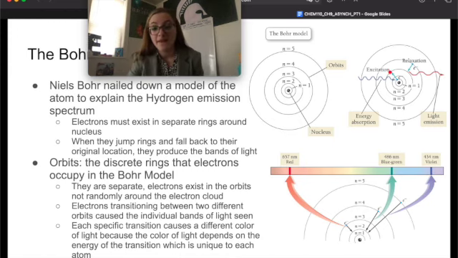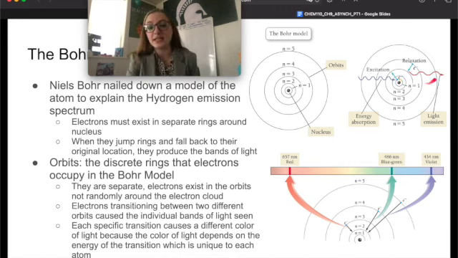And then things don't like to be excited. They like to be in the ground state, which is what we call the non-excited state, the ground state. It does what we call relaxation and falls back down to its original orbit, to its original ring. And when it does that, it gives off a specific wavelength of light.